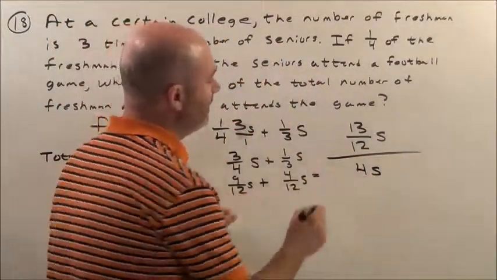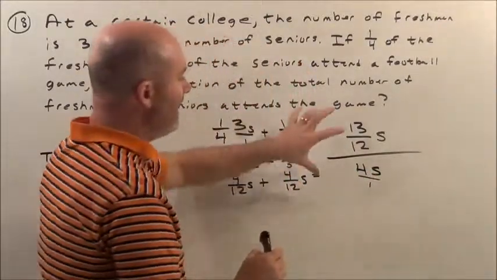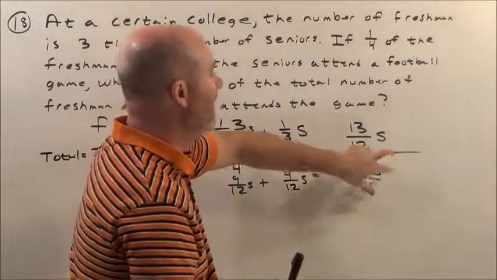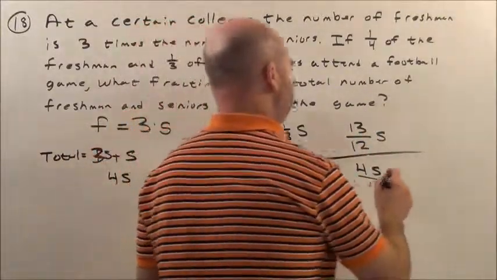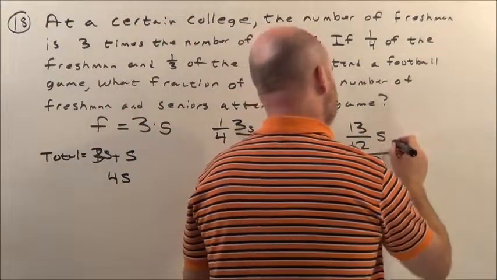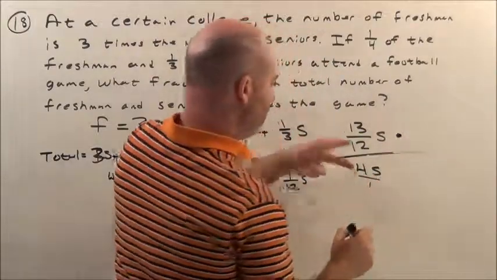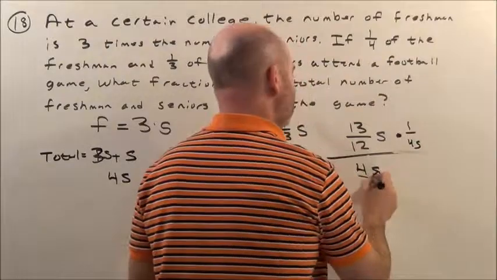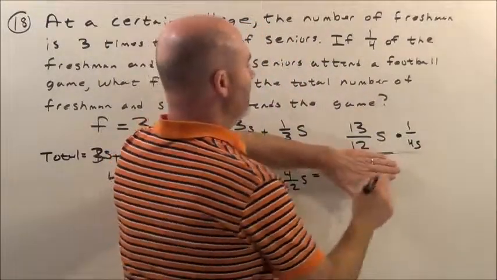Now if you remember, this is just over 1. To get it all as one thing, I'm going to change the division to multiplication and flip the bottom. So we're literally going to multiply by the reciprocal of the bottom, which is 1 over 4S. So that's what we've done here.